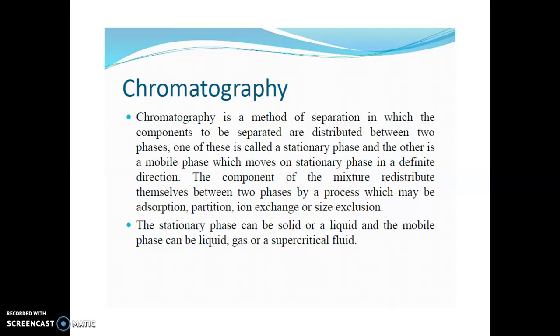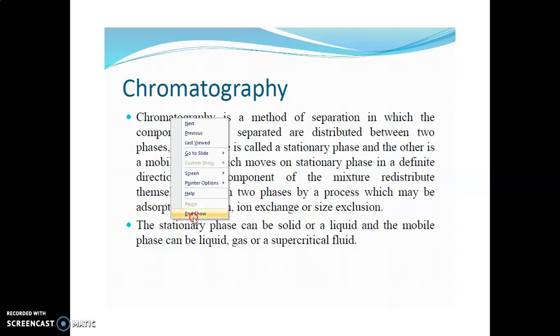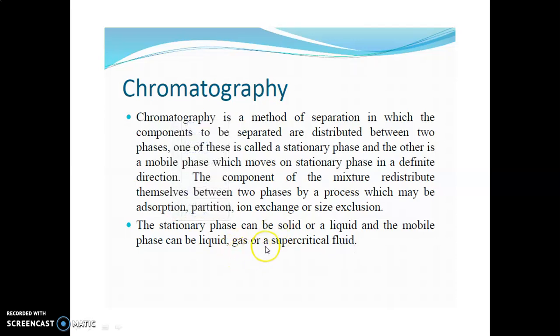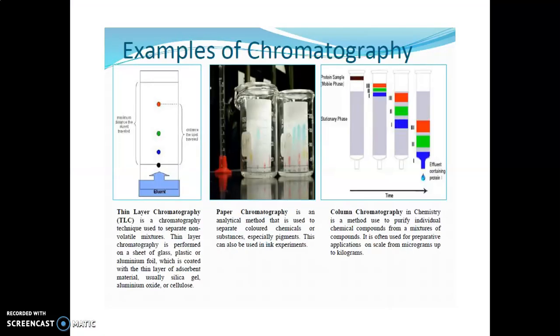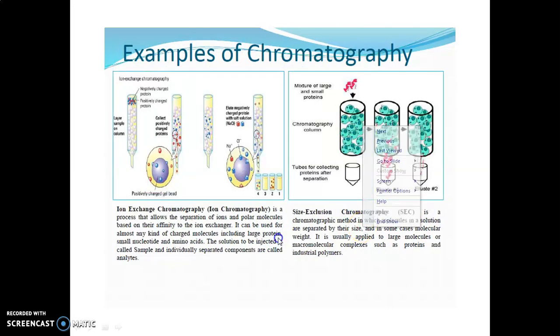The stationary phase can be a solid or a liquid. The mobile phase can be a liquid, a gas, or a supercritical fluid. Examples are thin layer chromatography, paper chromatography, column chromatography, ion exchange chromatography, and size exclusion chromatography.